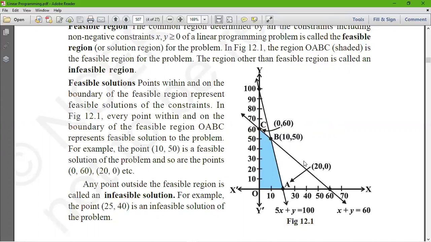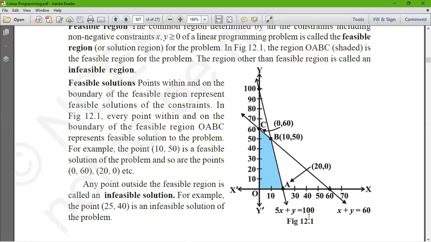Then the next line is 5x plus y equals 100. We plot this line in the graph with the help of the intercept form. When we divide by 100 on both sides, we get 5x by 100 plus y by 100 equals 1.